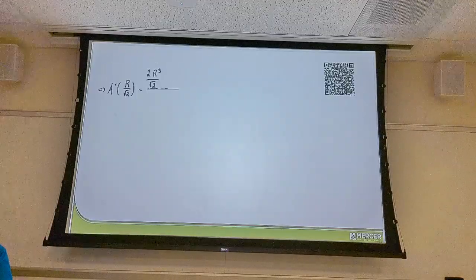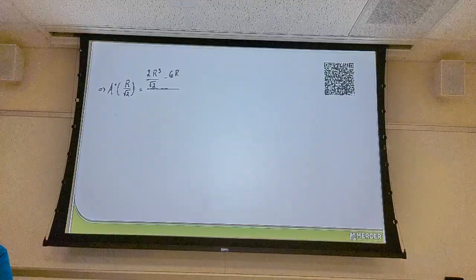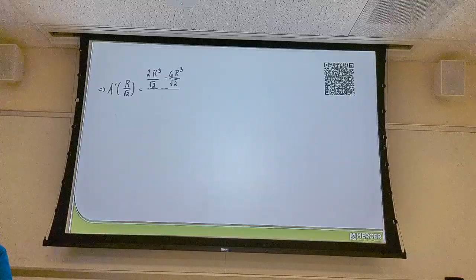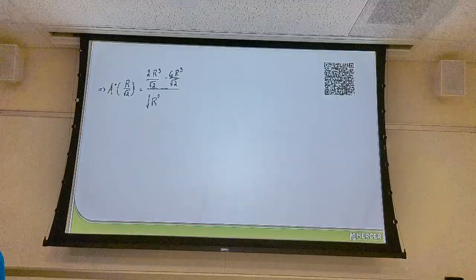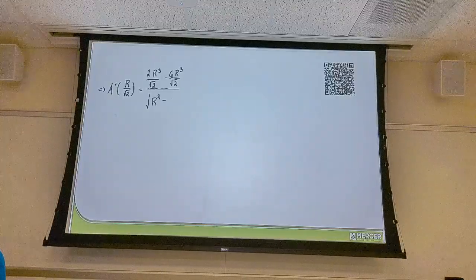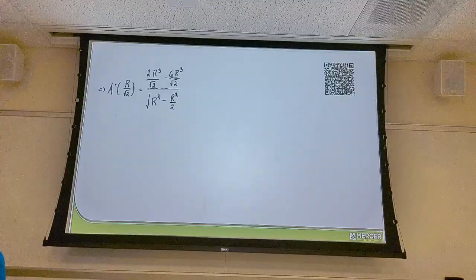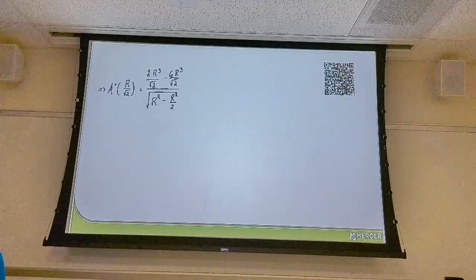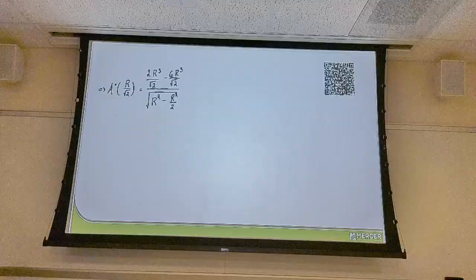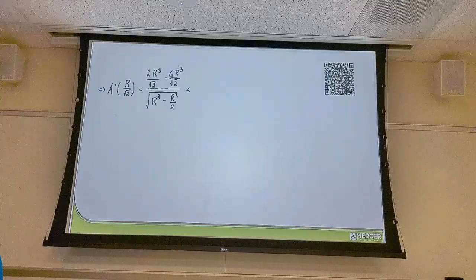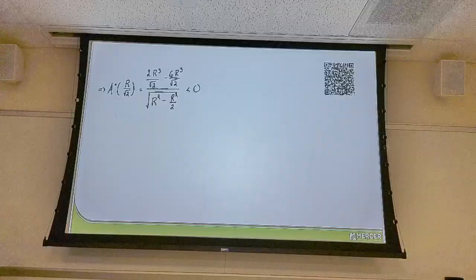That will give me minus 6r cubed over root 2, all over the square root of r squared minus r squared over 2. I don't need to simplify this any further. You should be able to tell right away that's less than 0.